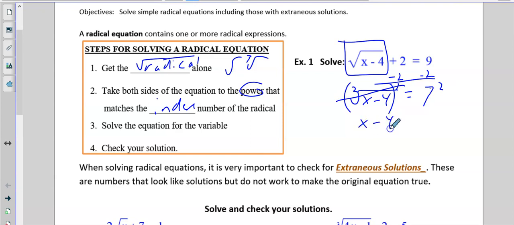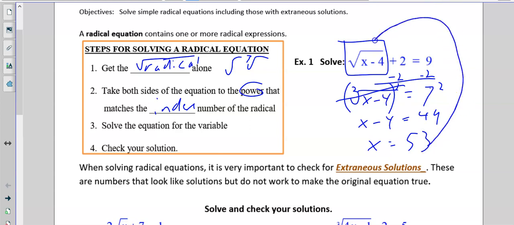That gives me x minus 4 equals 49. Then I add 4 to both sides, and that's 53. Then I'm going to plug it back in and check it. 53 minus 4 is 49. Square root of 49 is 7, plus 2 is 9. Check.